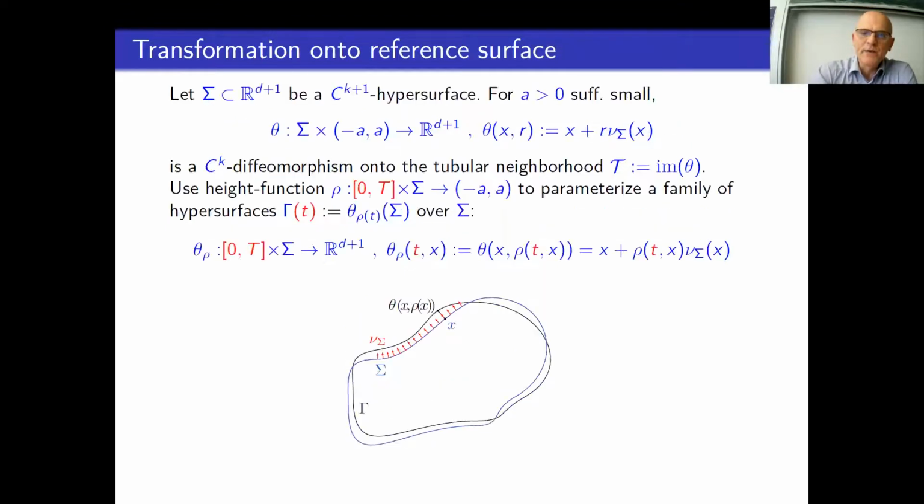This we can now do time dependent. So we have x plus rho of t of x times nu, and when we find this function rho, we know the evolving hypersurface. This we can do at least in the local neighborhood of the surface if sigma is, let's say, C2. But we will need more regularity later.